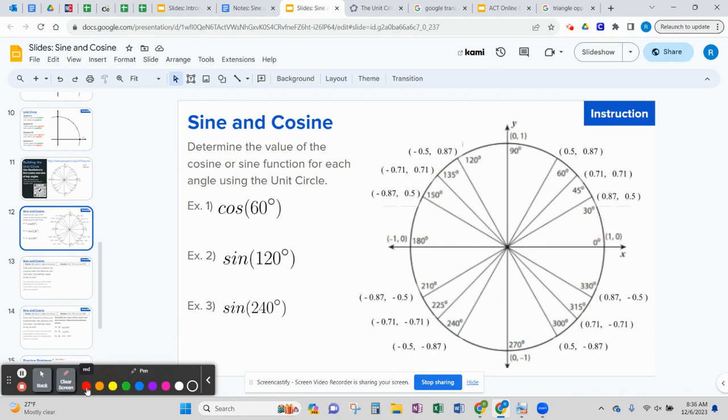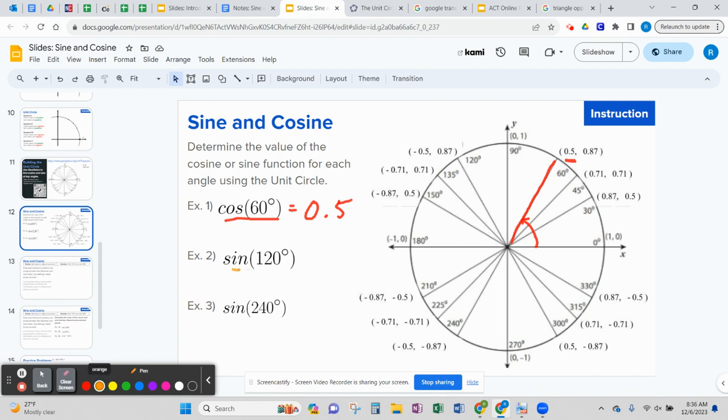So if I'm trying to find the cosine of 60 in example 1, all I need to do is rotate up to 60 on my unit circle. I'm pulling that x value, that width value there. And so my cosine value there is 0.50. Cosine of 60 is 0.50.